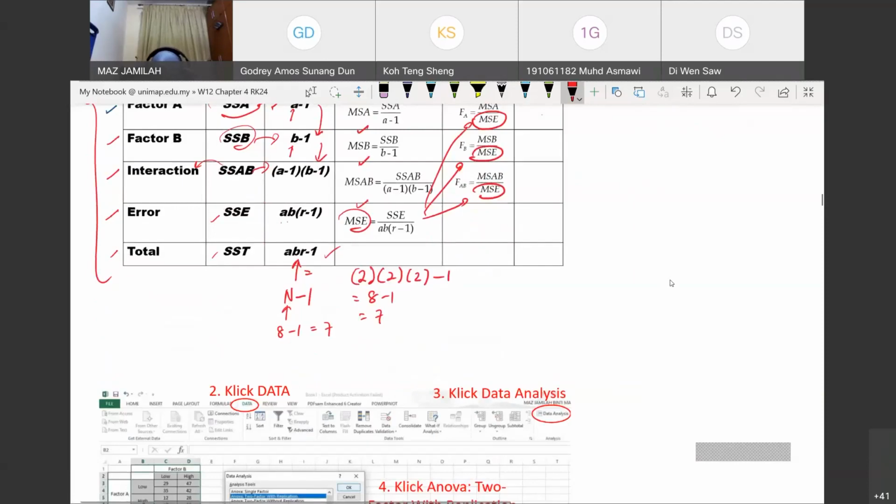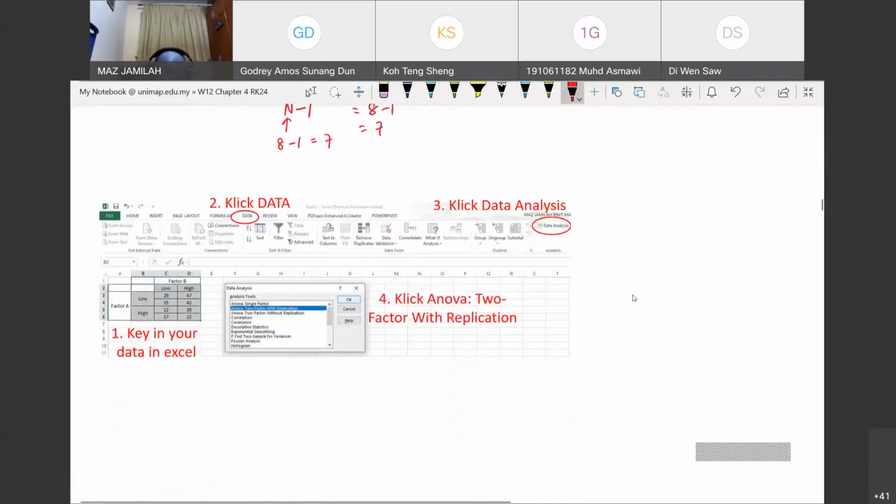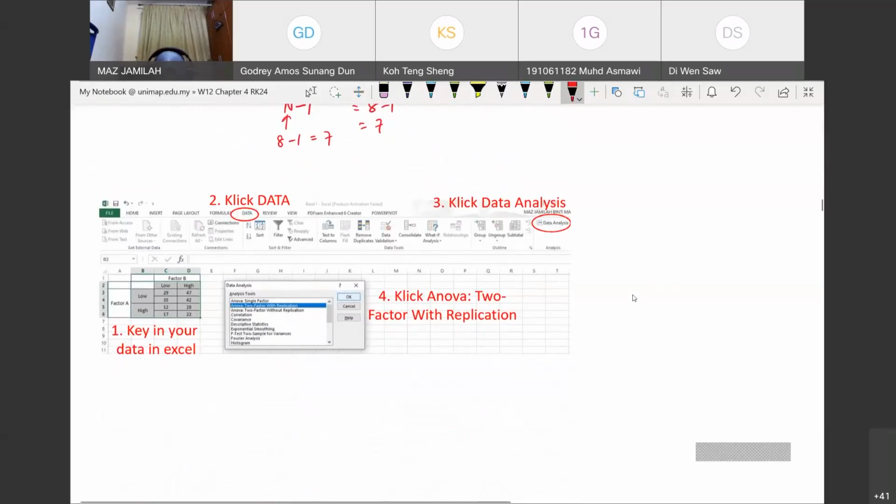Can you please let me know how many students are inside the Google class? The online class? 46. What was that? 46 only. There should be 62, right? 61. Never mind. I don't want to discuss that further.